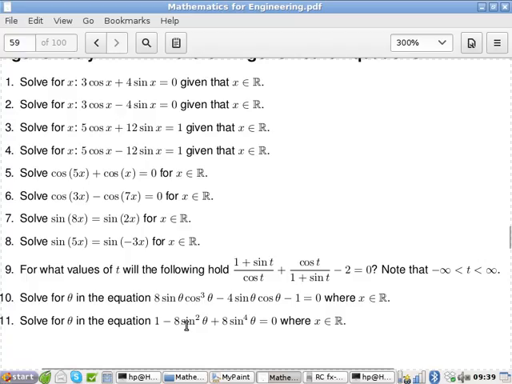Especially 10 and 11. So these are too hard for the exam. This one is maybe just about at the point of being too hard for the exam, but maybe it could be on the exam. But definitely 1 to 8 could be on the exam.